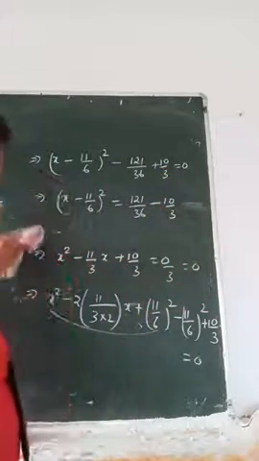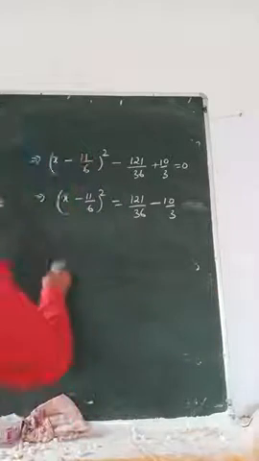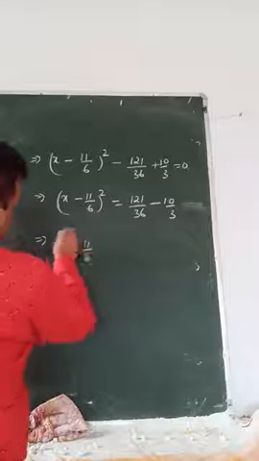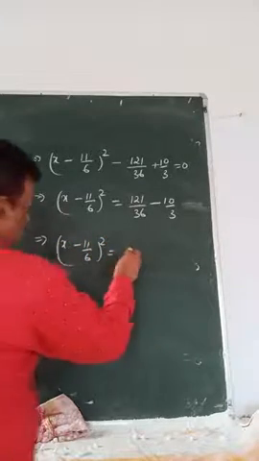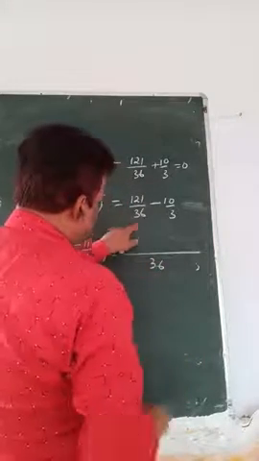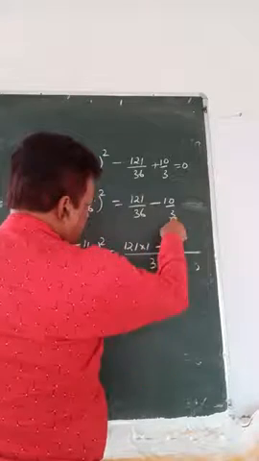Okay. Now, this is x minus 11 by 6 whole square. What is LCM? 36. 36 by 36 is 1. 121 into 1. 36 by 3 is 12.